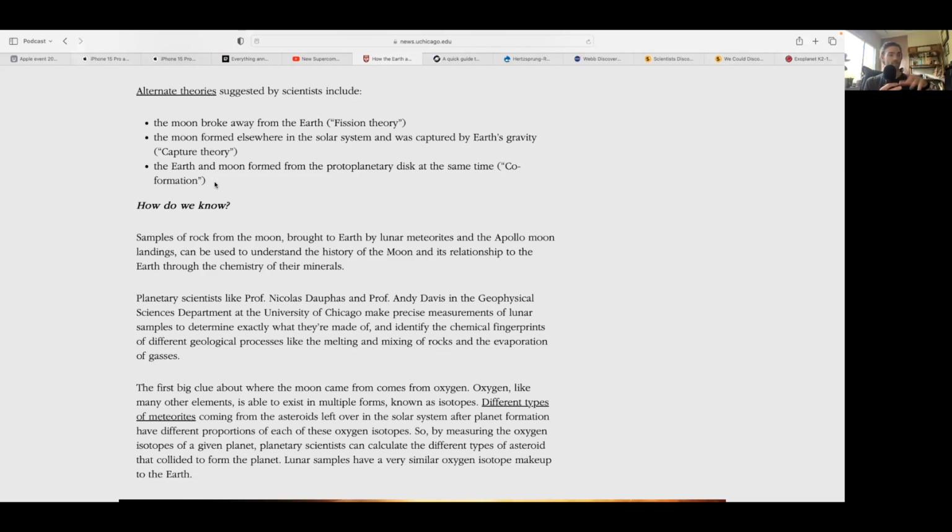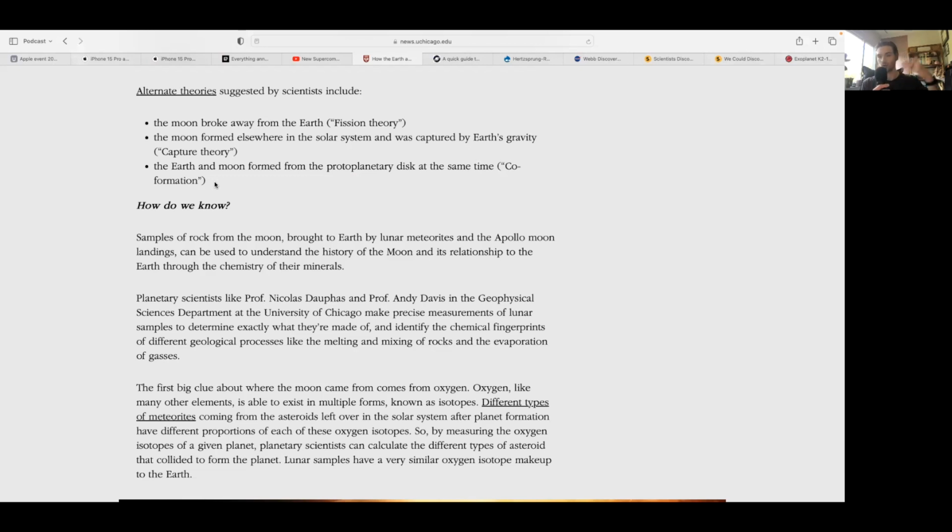And then many other factors, including meteors or asteroids or direct impacts with that young Earth planet, would ultimately add more mass and different elements to the crust of the Earth.